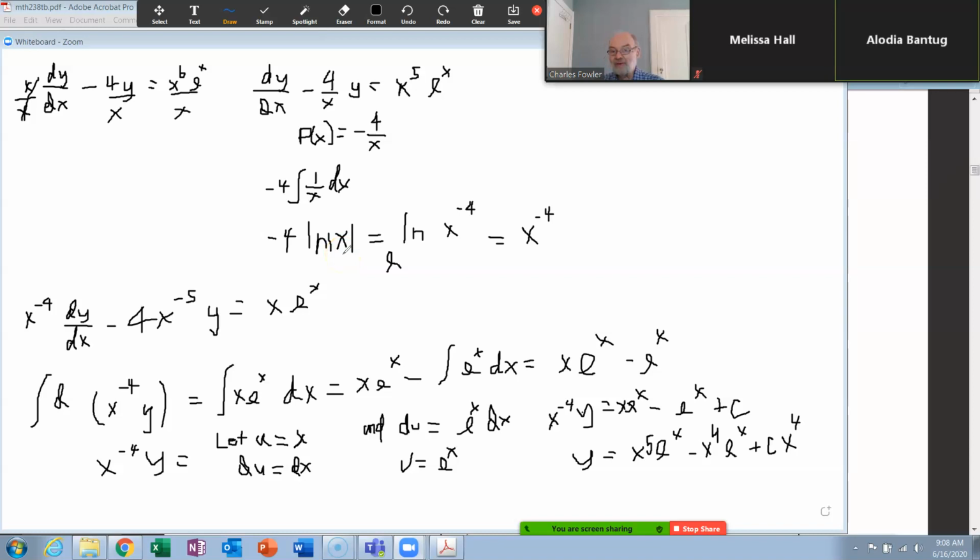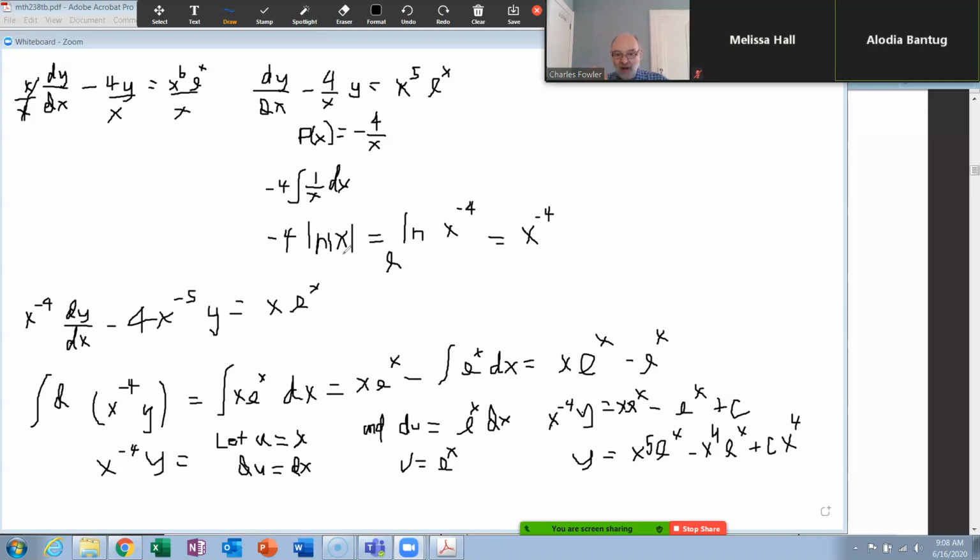If you want a continuous interval, then any x's greater than 0. So the interval of your solution would be all x's greater than 0, in other words, from 0 to positive infinity.